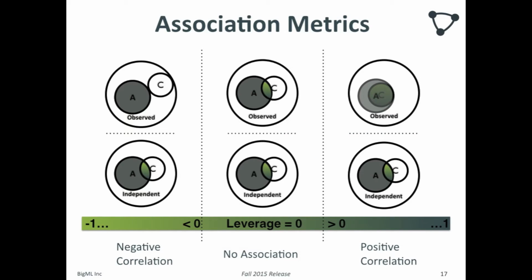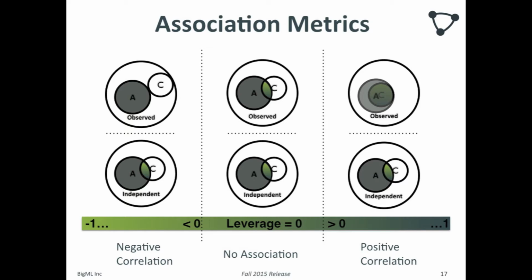We can think about what this rule means pictorially again. On the far left-hand side, we have the situation where the antecedent and consequent are completely disjoint. And so the support will be 0, and we subtract the support if they were statistically independent, which will be a positive number. So we get a negative number between -1 and 0. This is telling us there's a negative correlation. In the center, we have the case where the observed support is the same as the support we would expect if they were statistically independent.